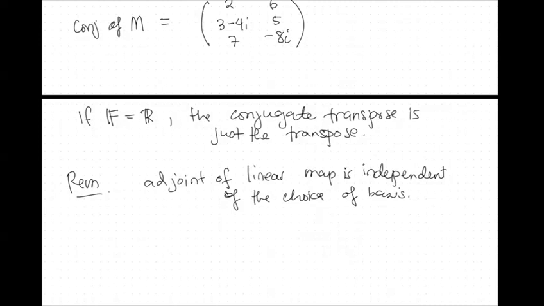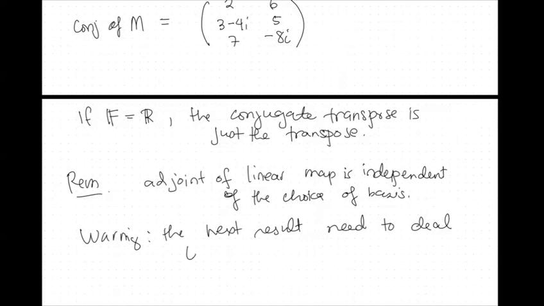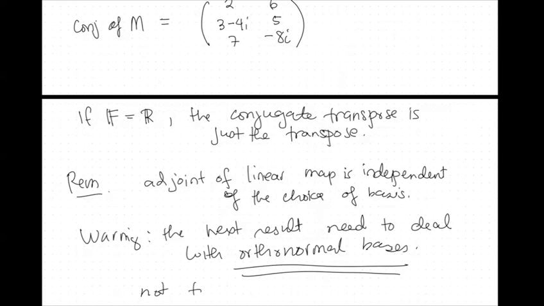So here, the next result gives the relationship of the matrix of the adjoint with the matrix of T, but warning, the next result needs an orthonormal basis and is not true in an arbitrary non-orthonormal basis.